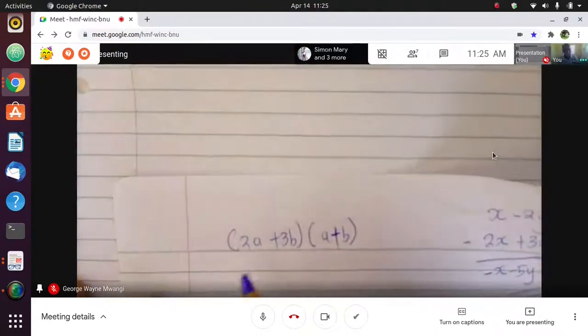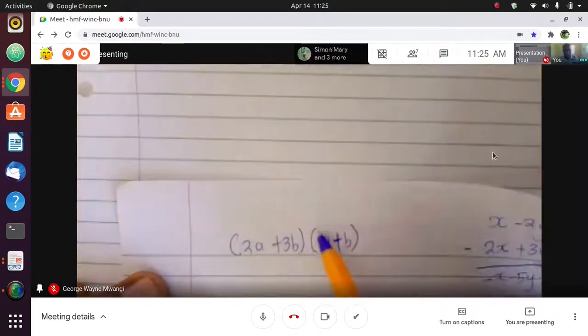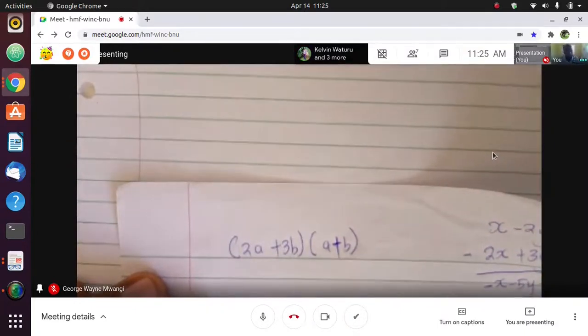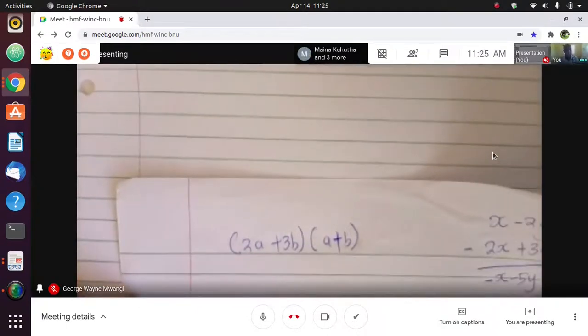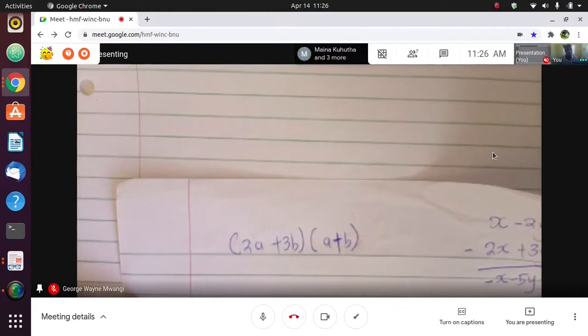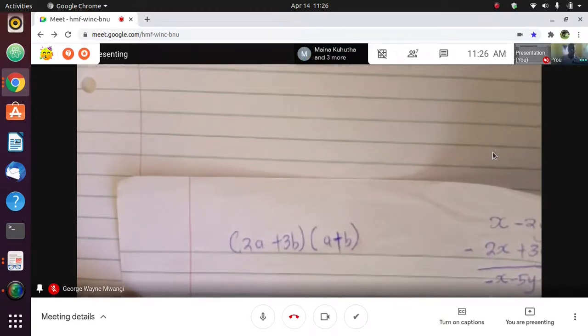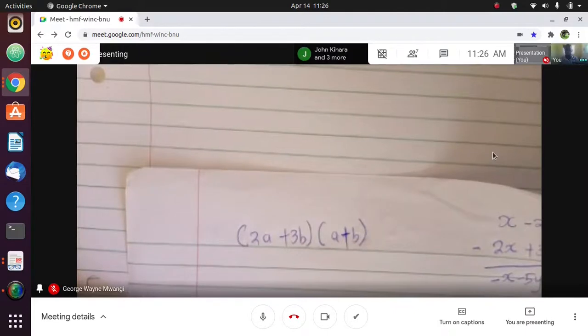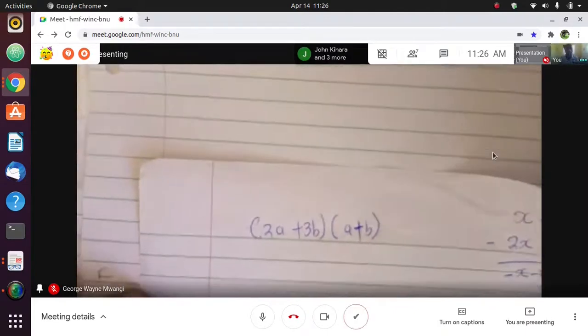What will be the value of that? 2a plus 3b into brackets multiplied by a plus b into brackets. What will be the answer?